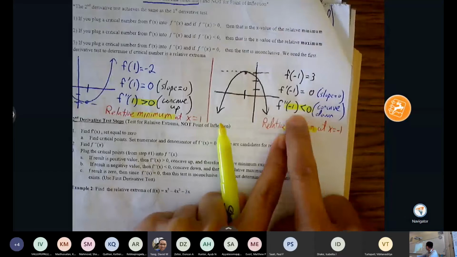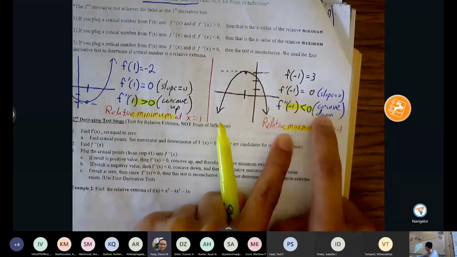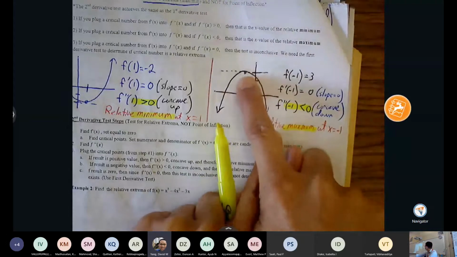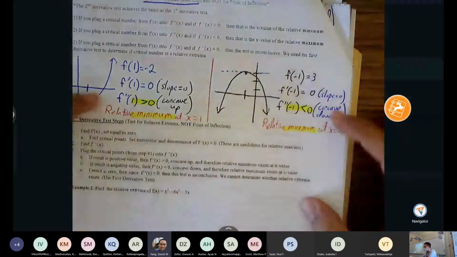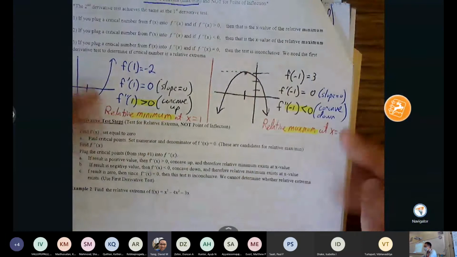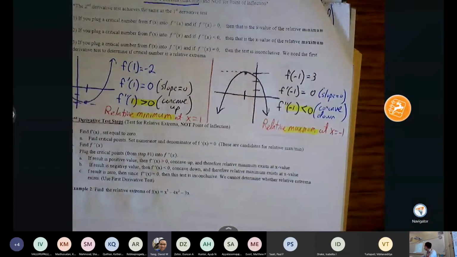And to bridge that gap, I think it's helpful if you can say to yourself, negative concavity means concave down. Concave down looks like this. And so the only relative extrema that I see is a relative maximum. Okay, so I was going to let you know ahead of time, this is what we're going to struggle with. Mixing these up is easy. Okay.